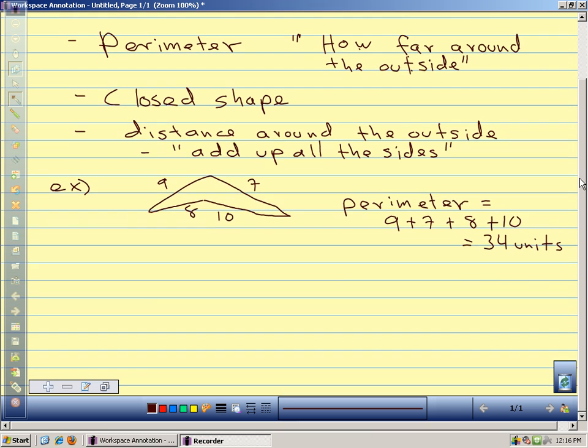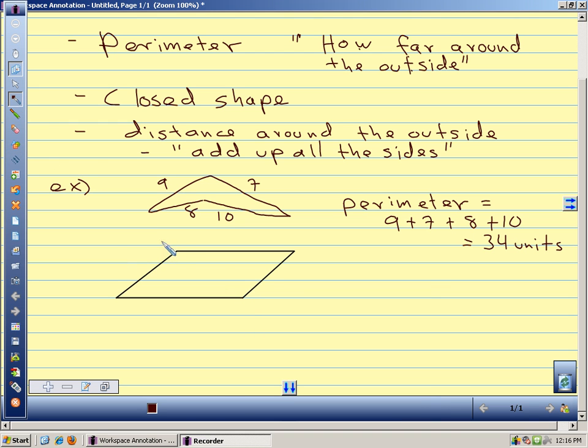Now let's do an example that requires us to do a little more work to get to our answer. So here's our picture. And we'll call this shape WXYZ.